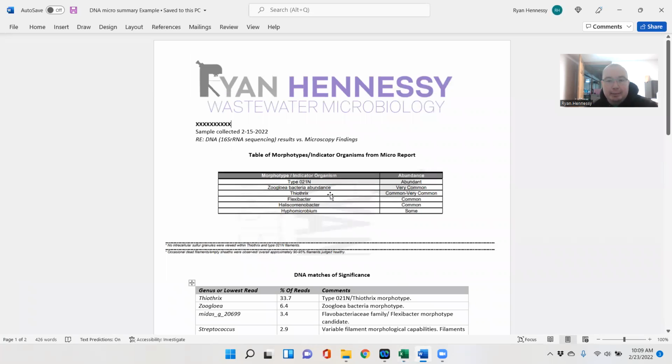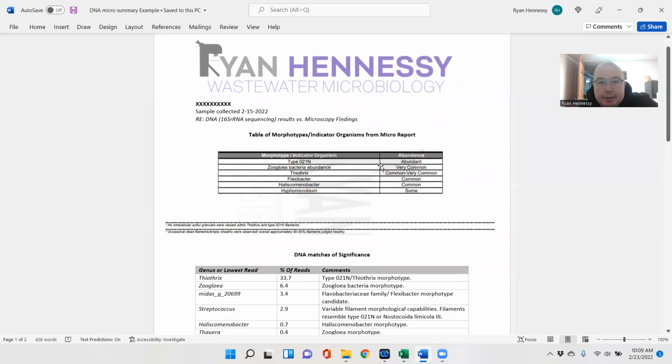Then I copy the chart from my microscopy report, and here you can see the different filaments and their abundance. Zoogloea was ranked abundant or very common, type 021N abundant, some Thiothrix filaments, Flexibacter, and so on.